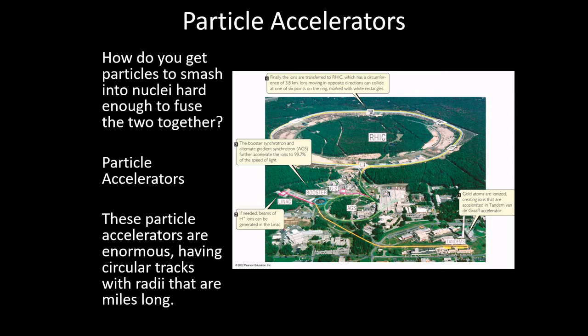You have this construction that is miles in size in terms of its dimensions, and you can't be off by millimeters in the construction of it. These things have to be so precisely built that they literally take the curvature of the Earth into account when building these rings. They have to be that precise. It is really amazing. But this is how you would make big atoms, as well as, like I said, other stuff.